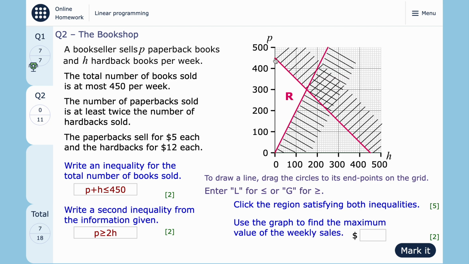Or it's going to be here where they're selling 0 hardbacks and 450 paperbacks. Or it's going to be somewhere down here where these two lines meet and they're selling, well, it looks like 150 hardbacks and 300 paperbacks. Well, let's just think about that.